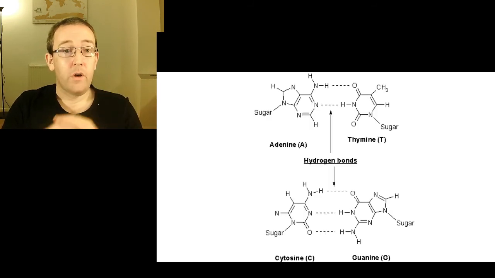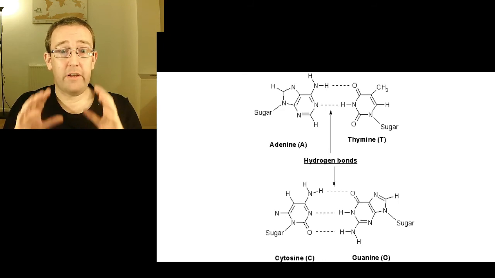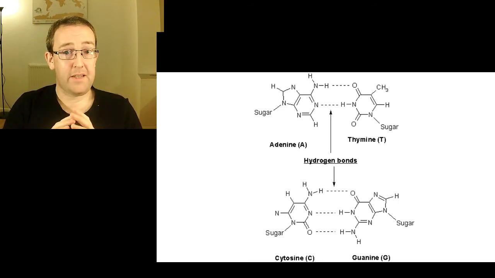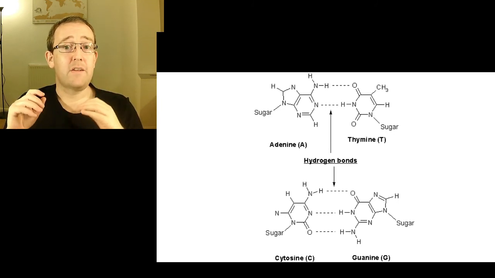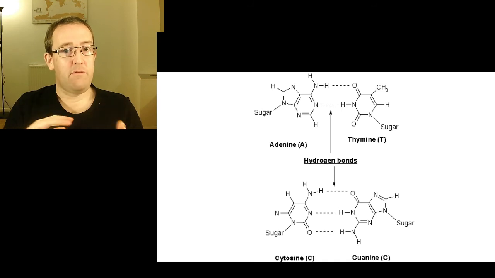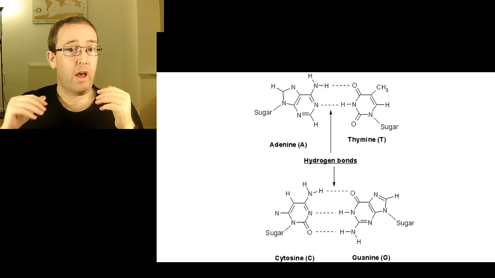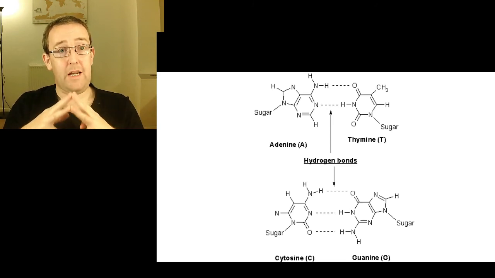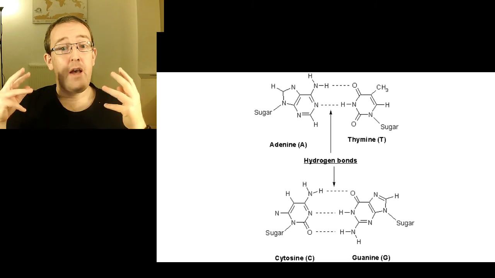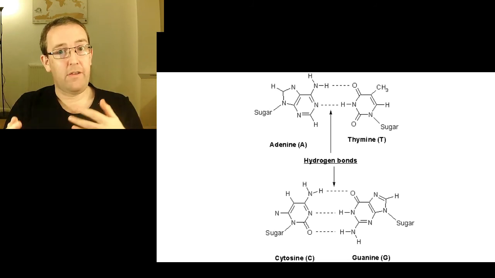Okay. If we want to go into a little bit more detail, now you don't have to know the structure of the bases. You don't have to know those at all, but it might help you to understand, particularly for those of you who are also chemists, that the reason they only fit together, as you can see, we've got 2 hydrogen bonds forming between A and T, and we've got 3 hydrogen bonds forming between C and G. That's why they bond together so nicely.